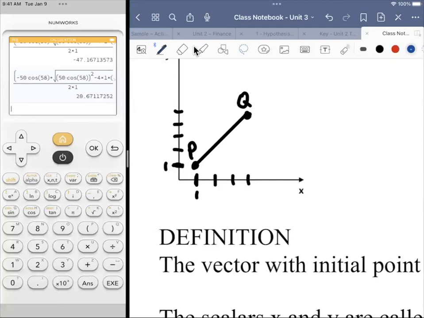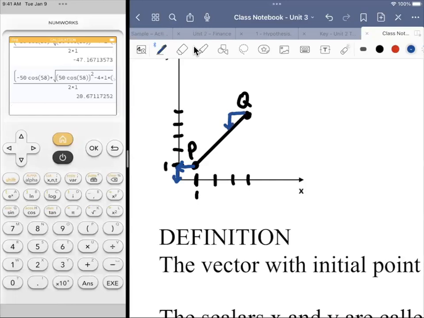But what I want to do is get this point to the origin. So what I'd have to do is move that point P 1 unit to the left and 1 unit down. Now, since this is a fixed line segment, that movement going from (1, 1) to (0, 0) is going to change the length of the line segment, unless we do the same movement with Q, 1 to the left and 1 down.